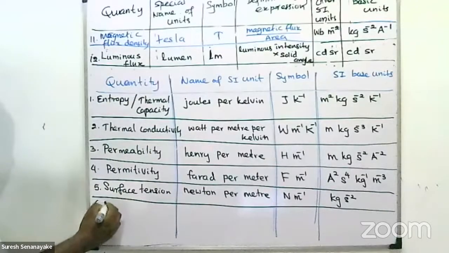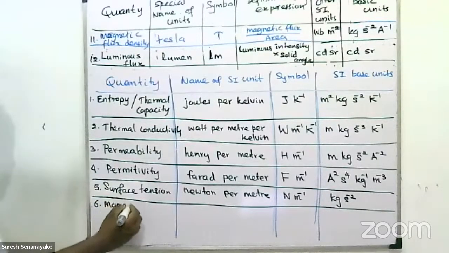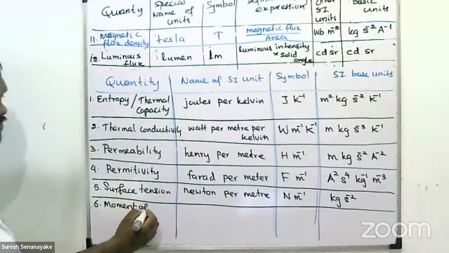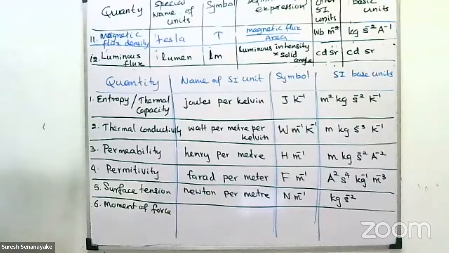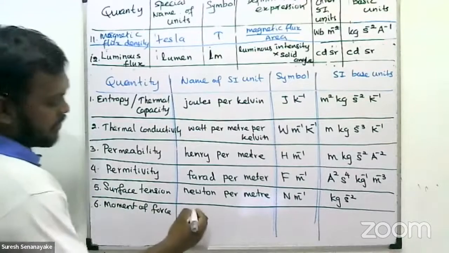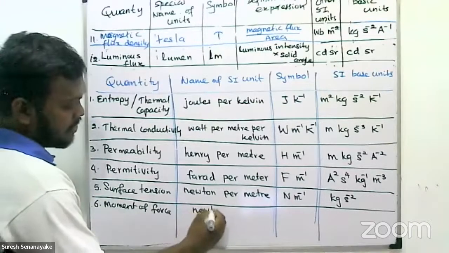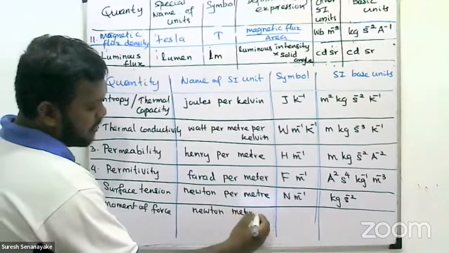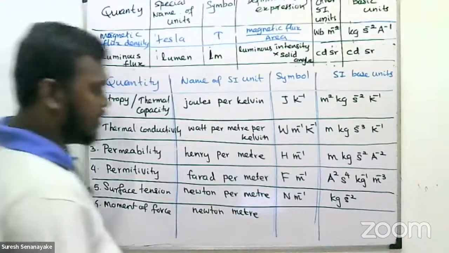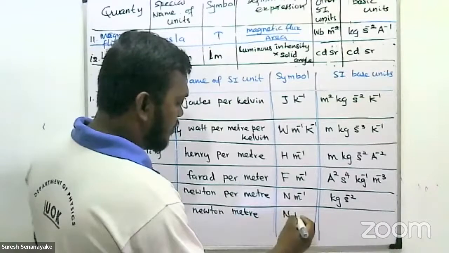The moment of a force. We also call it torque, moment of force. The unit is Newton meter. Its definition is easy actually: force multiplied by the perpendicular distance, so that's Newton meter.